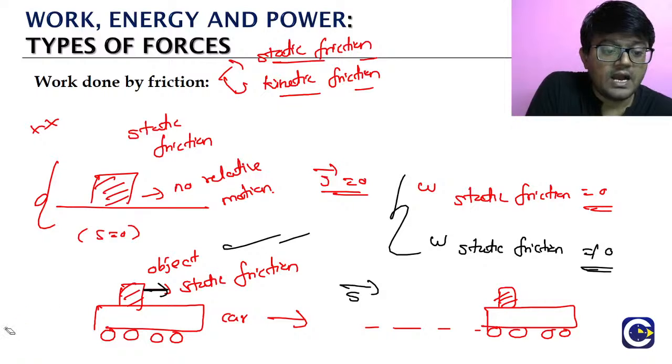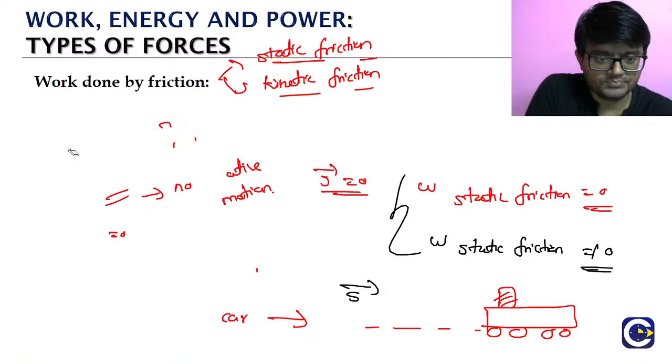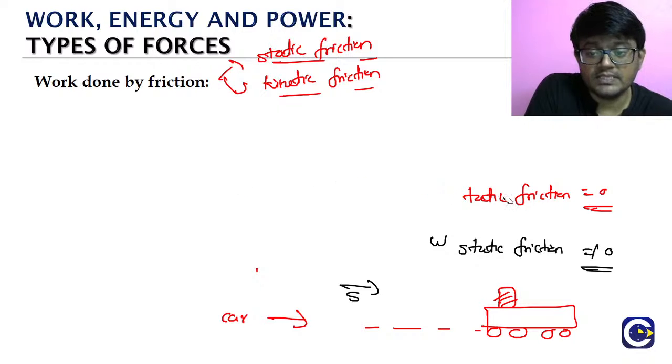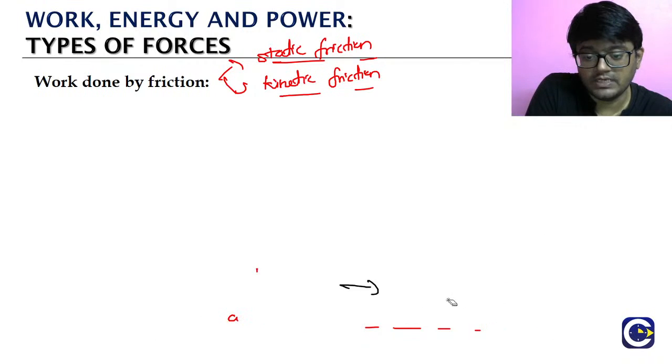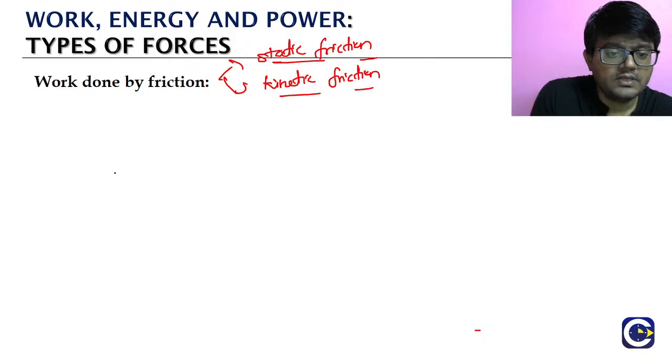Okay, after that we look at work done by kinetic friction. Kinetic friction is present only when there is actually relative motion between the surfaces. Let's look at an example.